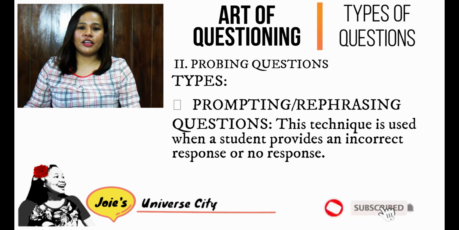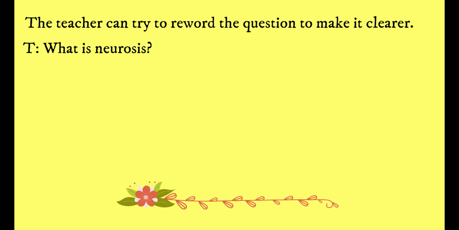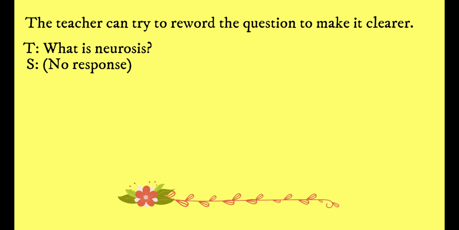Another example, as regards rephrasing or rewording the question, because maybe the question may be poorly understood or poorly stated, so you have to rephrase it. So the teacher asks, "Jane, what is neurosis?" And the student does not give anything, does not answer the question. Maybe it is too difficult to answer what is neurosis. Even I do not know neurosis.